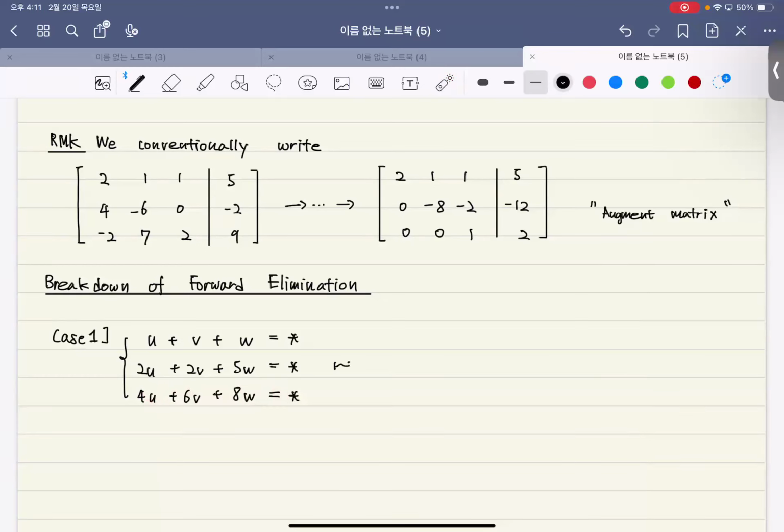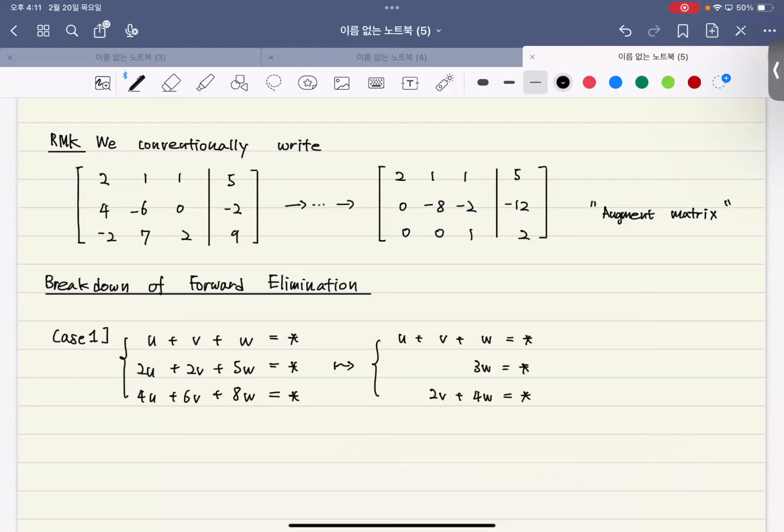Then I get this: U, V, W, and 3W, and 2V, 4W, and star.